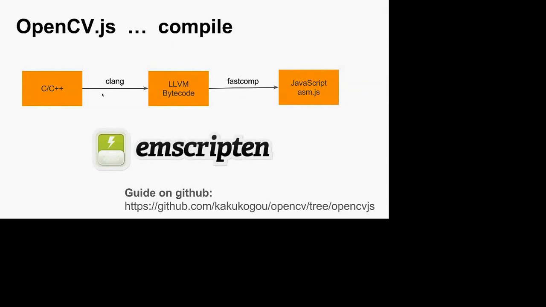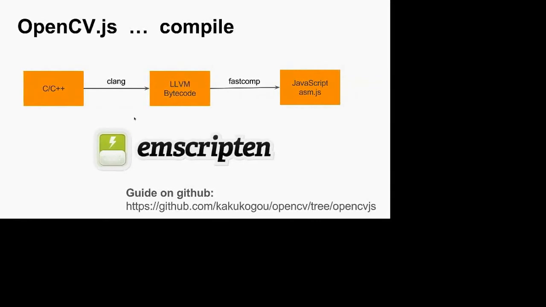You need to do some configuration on the code base of OpenCV. The OpenCV.js project is now maintained in this GitHub, where there is step-by-step documentation to guide you how to compile OpenCV.js. If we have time, we can go through the wiki later.